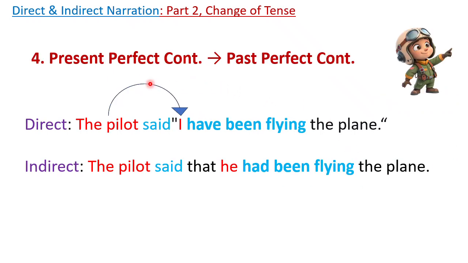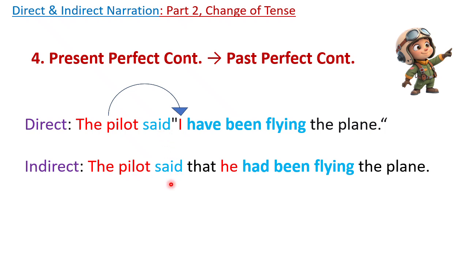After that we have present perfect continuous changes into past perfect continuous, right? So we can see, the pilot said, "I have been flying the plane." We use present perfect continuous tense when an action starts in the past and in the present it is still continued, and we are talking about the duration of time, right? So this is present perfect continuous. Now when we change into indirect narration, the pilot is pilot, said is said.